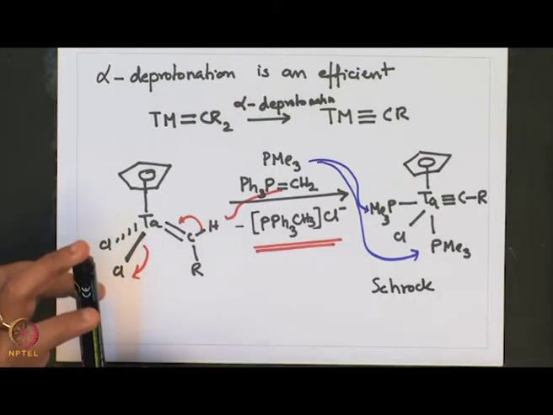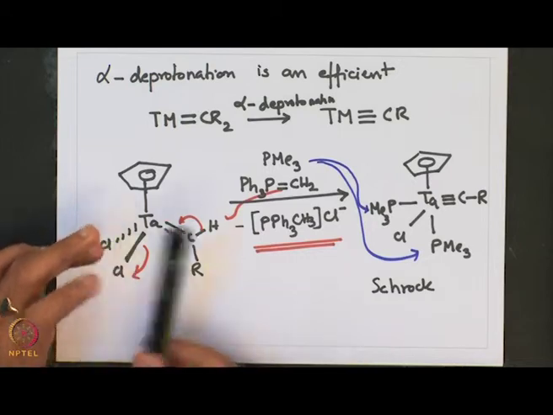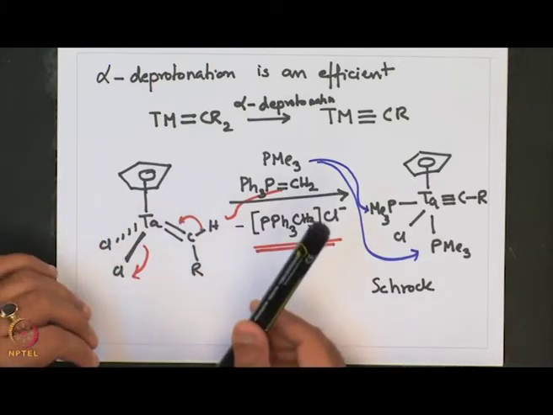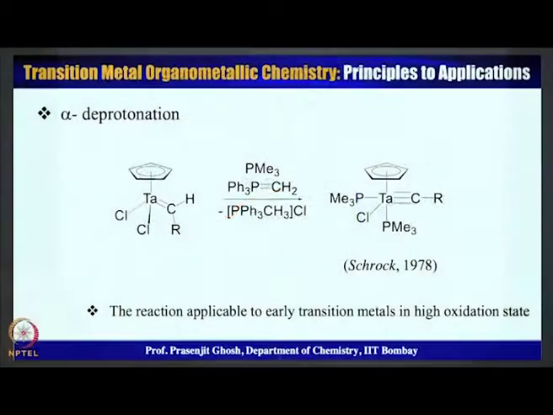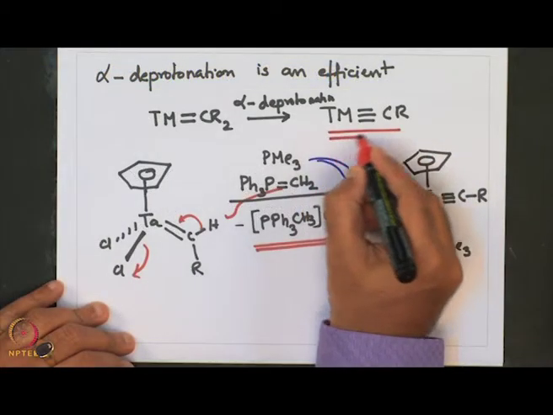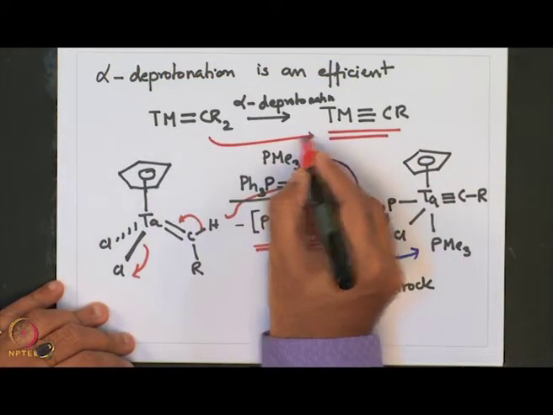Like Fischer, who himself had reported synthesis for Fischer carbene as well as Fischer carbyne, similarly, Schrock too had his own synthesis for making Schrock carbene as well as Schrock carbyne complexes. And here also we see the parallel existence of a similar strategy, that the carbyne moiety is formed from the carbene moiety.